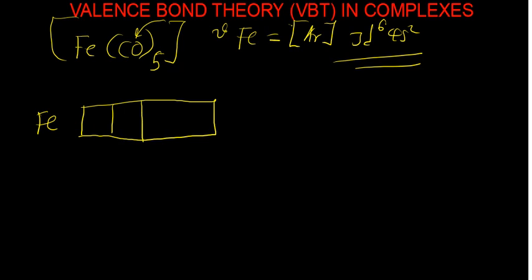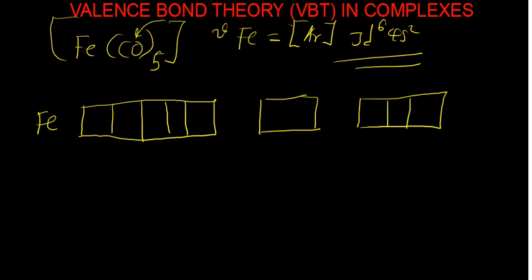We know a d has got 5 suborbitals, and then we've got 4s, which is only one, and then we've got 4p, where there are 3. I'm not just showing the 4d, but we are also supposed to put it, but for now we are not using it. We'll see it later. 4s and then 4p.